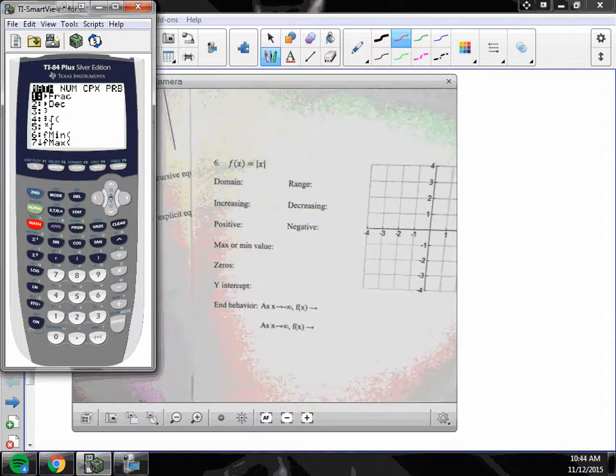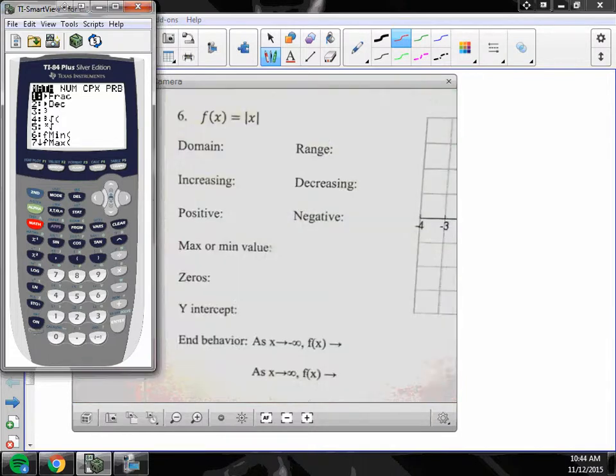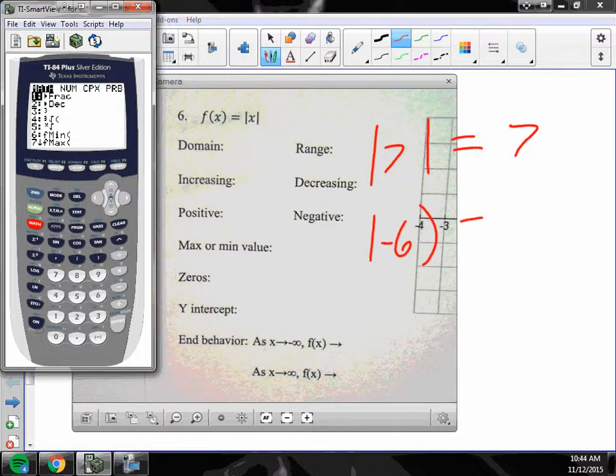It's called the absolute value. Absolute value measures how far a number is from 0. So what is the absolute value of 7? 7. What is the absolute value of negative 6? 6. Okay. There is an absolute value button on your calculator.